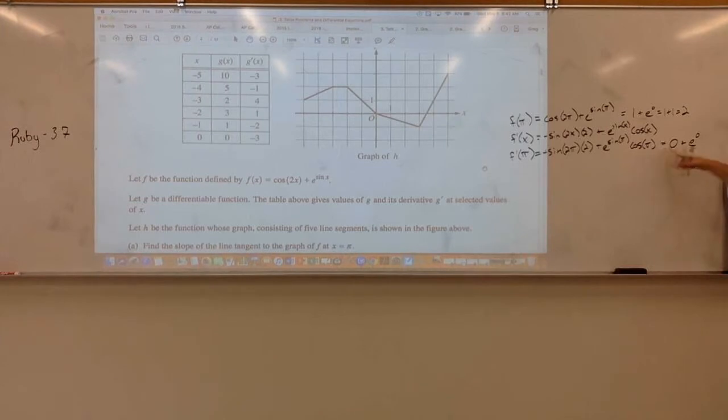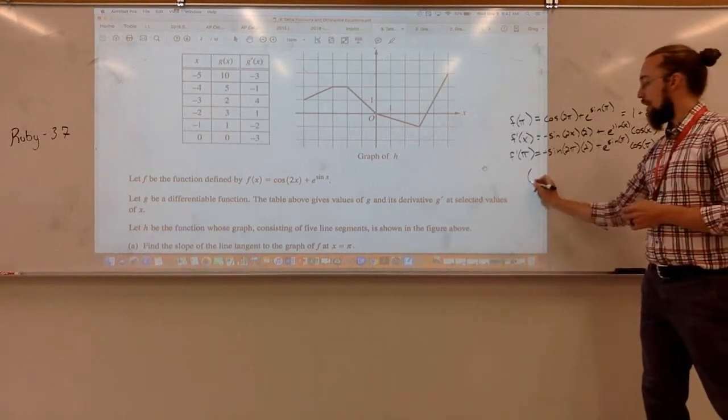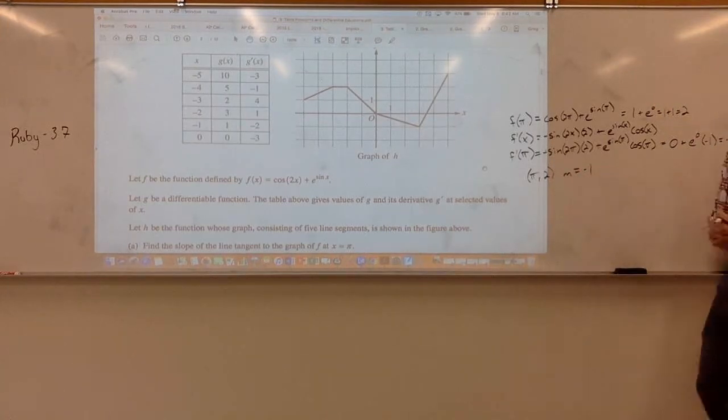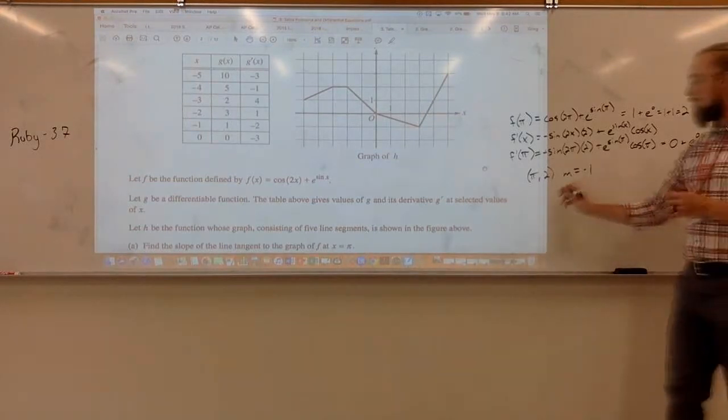negative 1. So this would be e to the 0 times negative 1. So just negative 1, right? 1 times negative 1 would get me negative 1. So the information we've collected is that we have the point (pi, 2), and my slope is negative 1. Now I just need to write the equation of my tangent line.